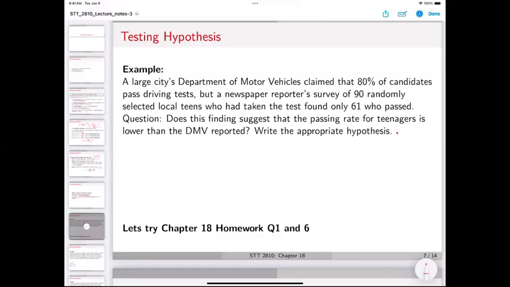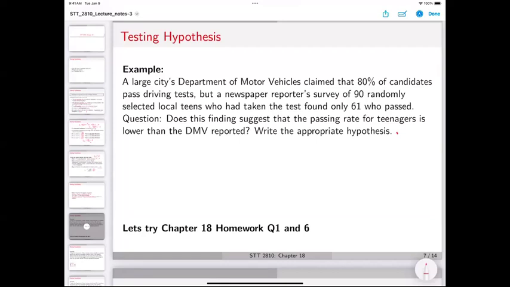Okay. The problem says that a large city's Department of Motor Vehicles, which is the DMV, claimed that 80% of candidates passed driving tests. But a news reporter surveyed 90 randomly selected local teens.